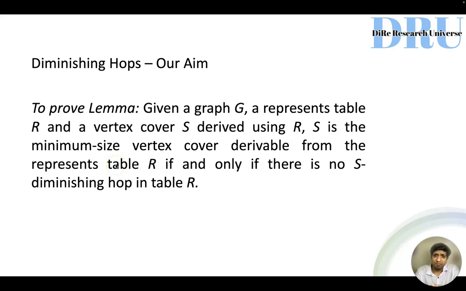Given a graph G, a representation table R, and a vertex cover S derived using R, S is the minimum size vertex cover derivable from the representation table if and only if there is no S diminishing hop in table R. Now, all this being said, what exactly is a diminishing hop?